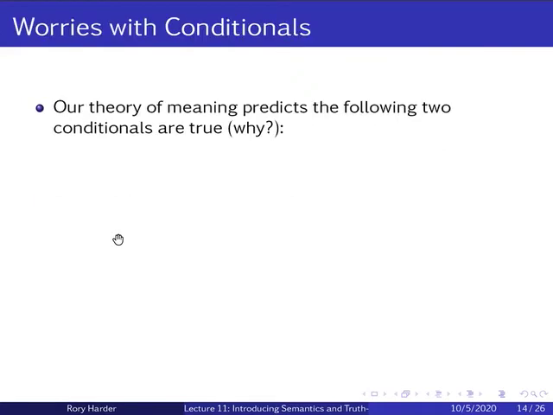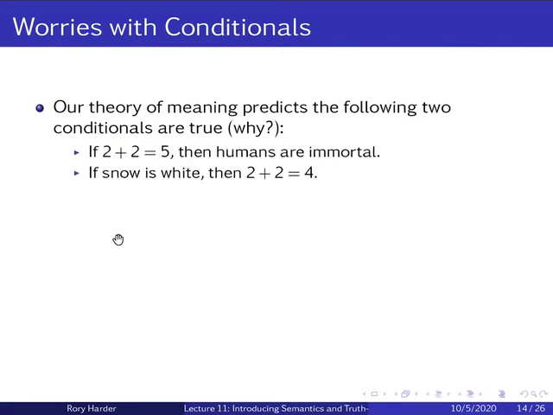The theory of meaning which I just gave predicts that the following two conditionals are true. First, if 2 plus 2 equals 5, then humans are immortal. Second, if snow is white, then 2 plus 2 equals 4.